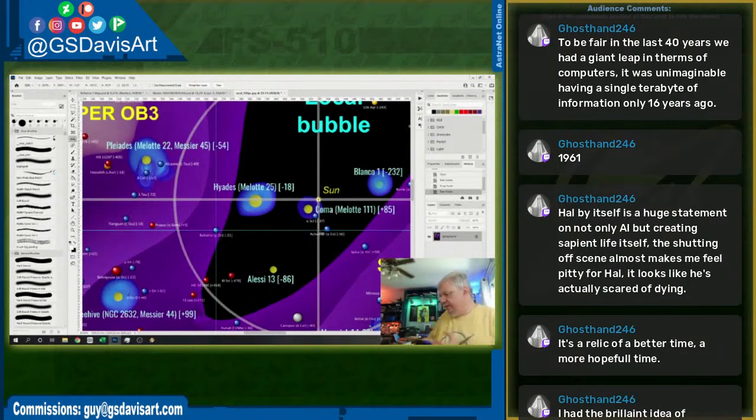The scale of this is 19, so 20 pixels, 20 pixels to 19 and a half pixels to a parsec.